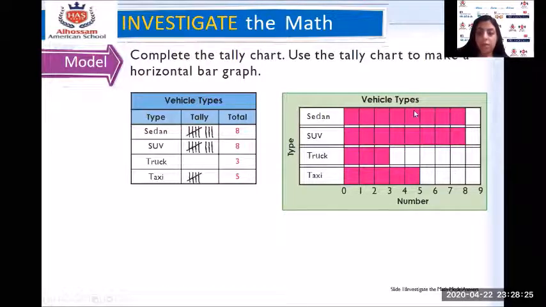And if you look at the votes here, you can count them by counting the shaded boxes. 1, 2, 3, 4, 5, 6, 7, 8. 8 here, and 8 here, and here 3, and here 5.